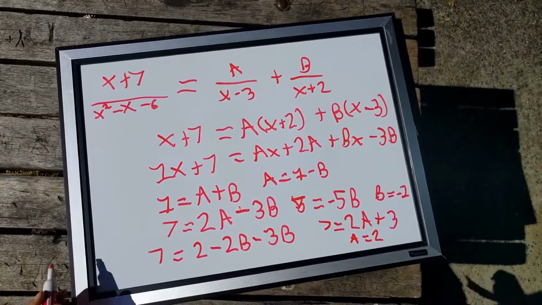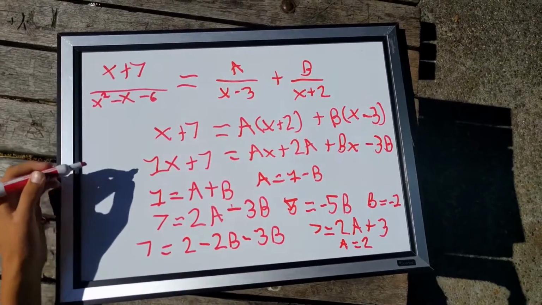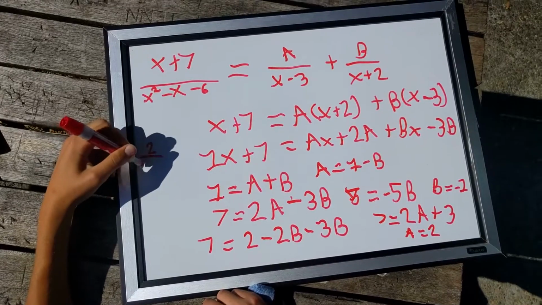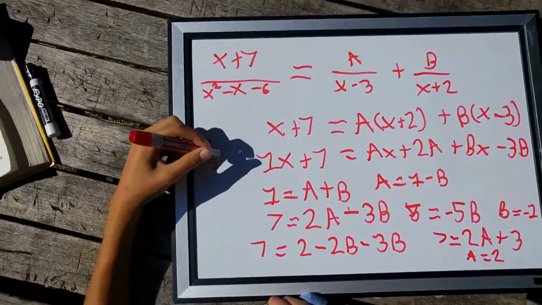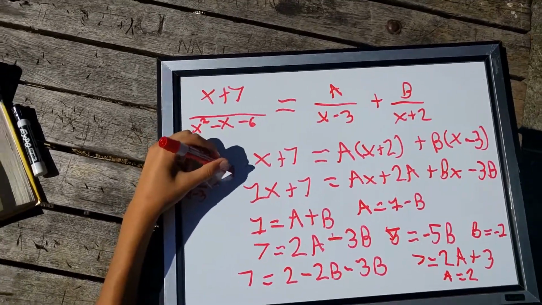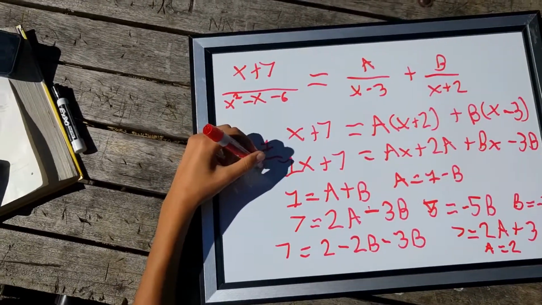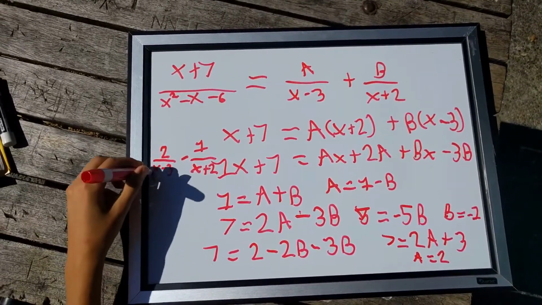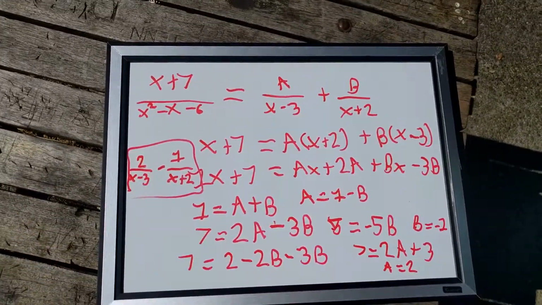Then the last step is to plug these back in to get 2 over x minus 3, and because B is minus 1 you subtract 1 over x plus 2, and that is how you do partial fractions.